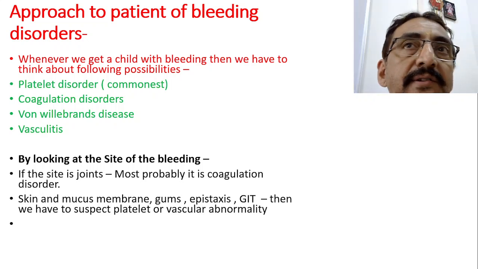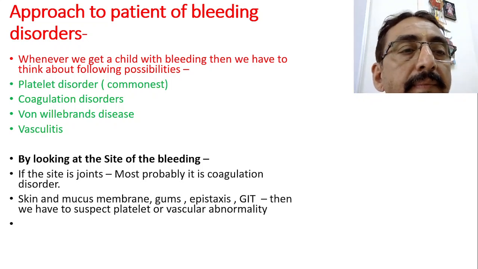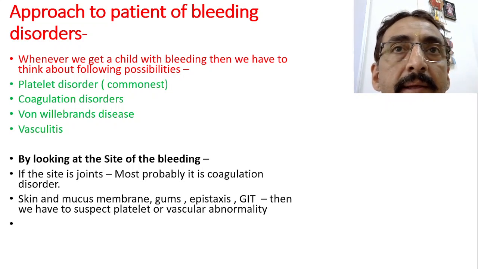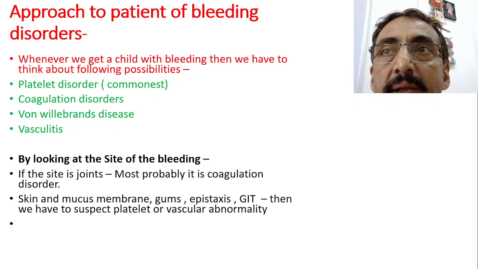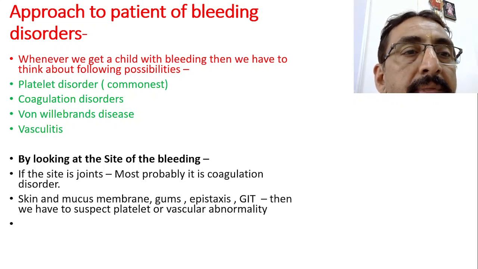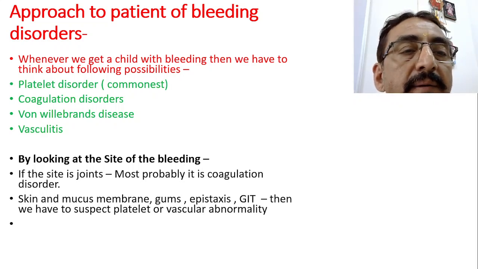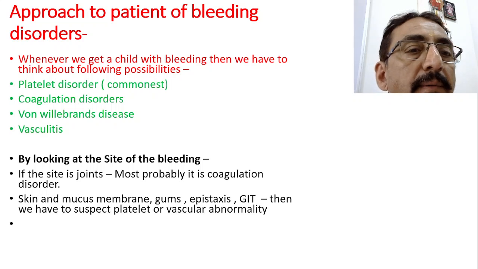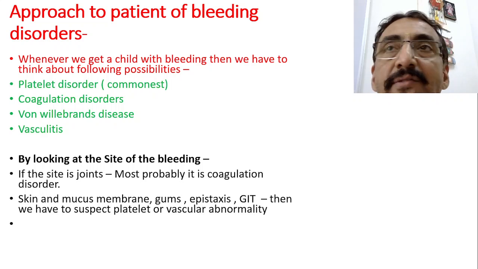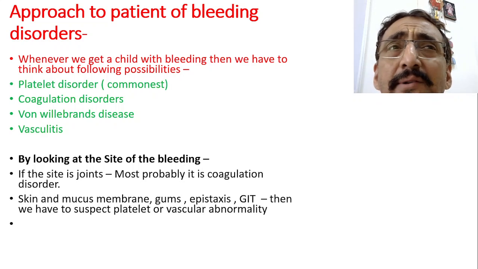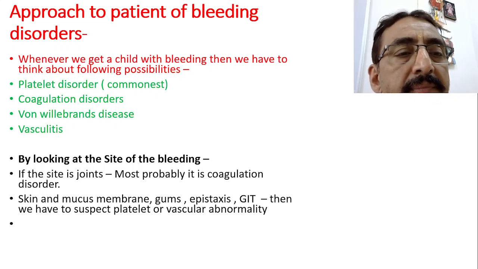So these are the things that should come to our mind. Bleeding is taking place, it may be internal or external bleeding, but bleeding is going on. So it may be a platelet disorder, a coagulation disorder, von Willebrand's disease, or a simple vasculitis, which is quite common in many autoimmune disorders.